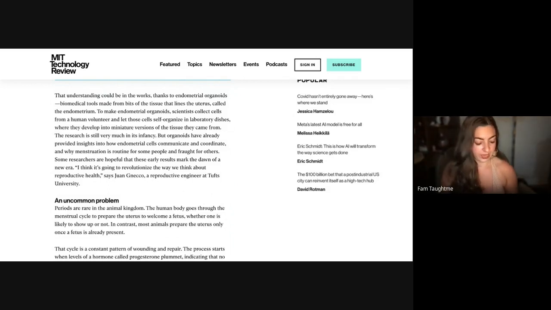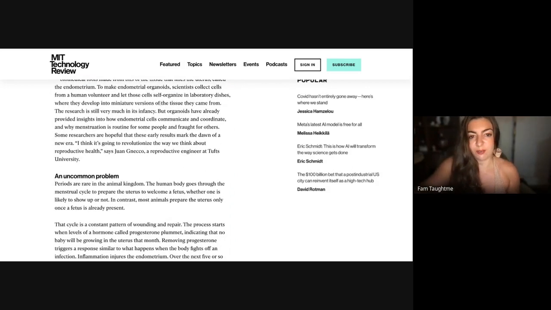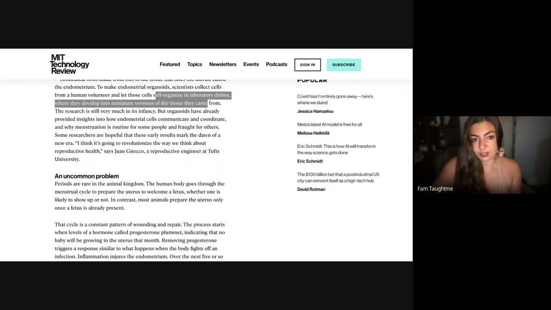So they're like, but wait, we will be able to understand it because we are taking tissue that lines the uterus, the endometrium, and they're making endometrial organoids where they collect cells from a volunteer and then let those cells self-organize in a laboratory dish, where they develop into miniature versions of the tissue they came from.